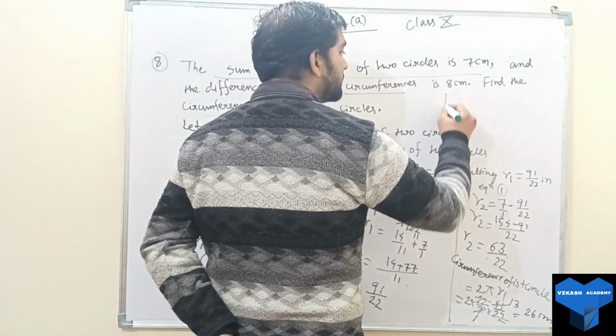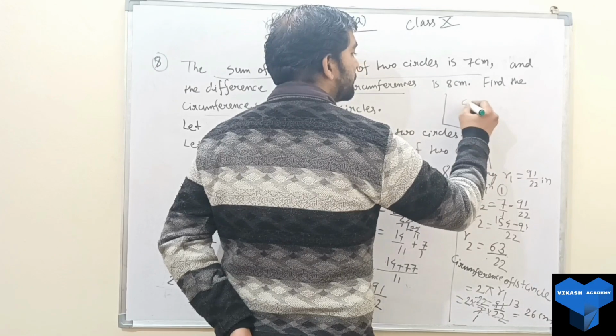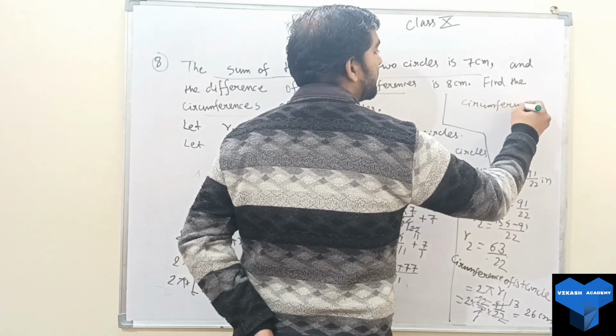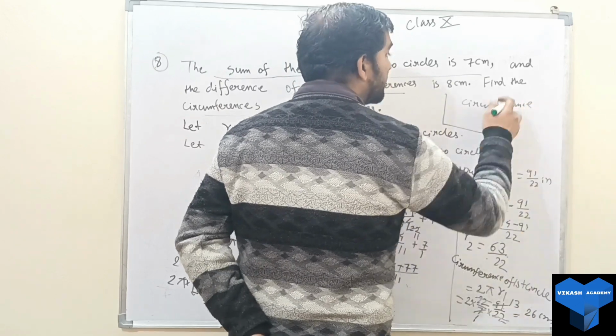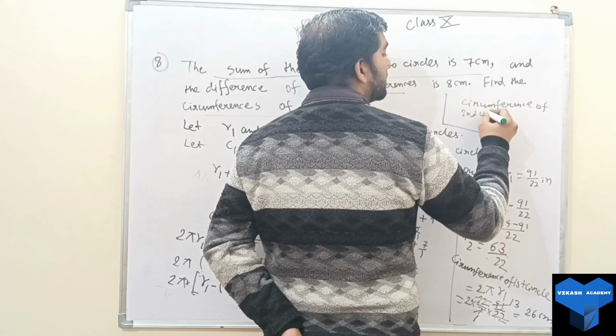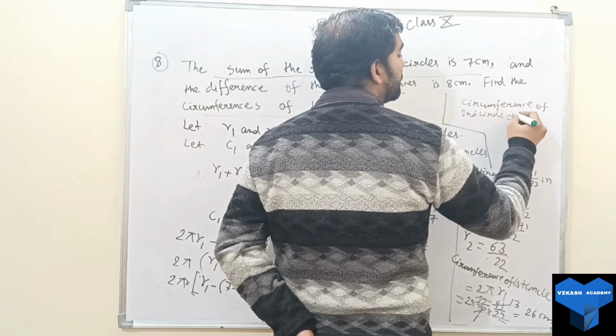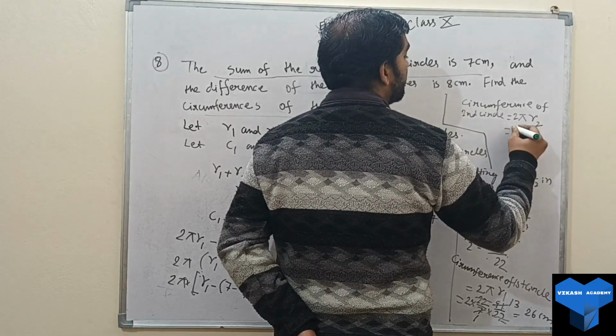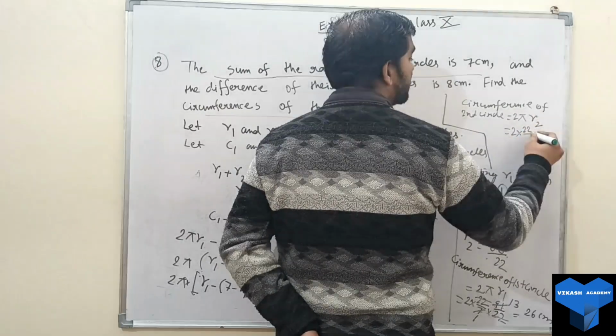Now circumference of the second circle. Second circle formula will be the same, 2 pi r2. So 2 pi will be 22 by 7.